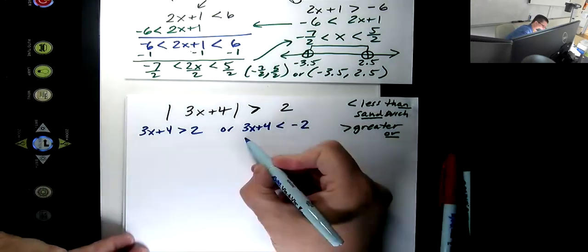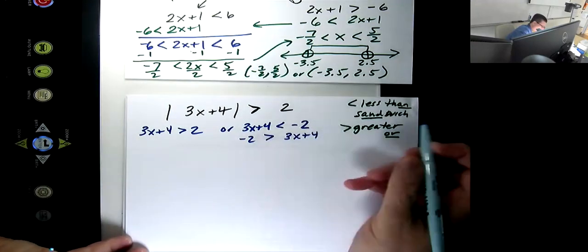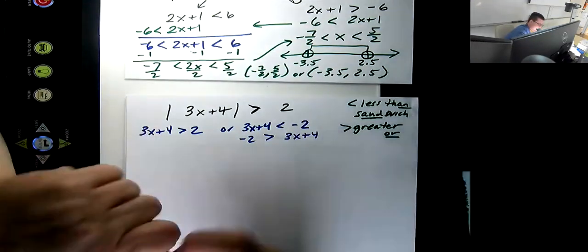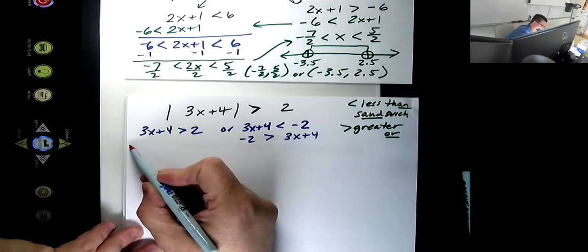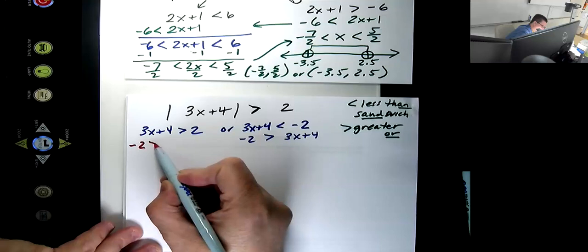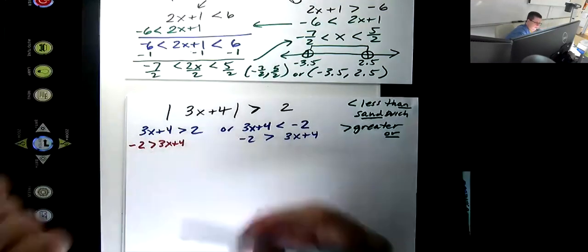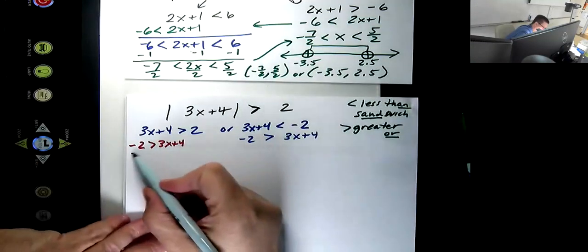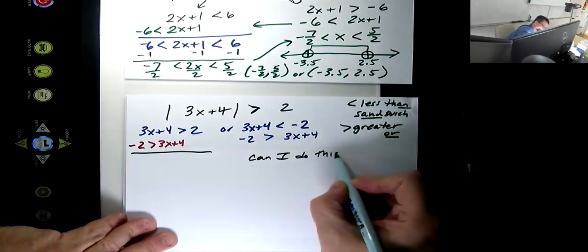If I try to do that switcheroo thing here, it would be like this. And if I stack them, like I did up here, can I still do the sandwich?